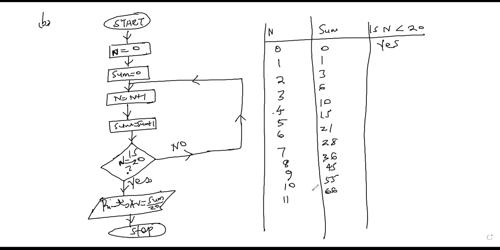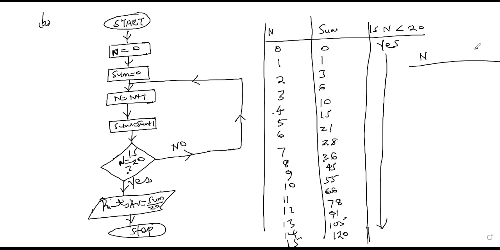Okay? If you say 11, it will be 66. All right? If you say 12, it will be 78. If you say 13, it will be 91. If you say 14, it will be 105. If you say 15, it will be 120. Here, it is still yes, because the value of n is still less than 20. So we are continuing with our sum.